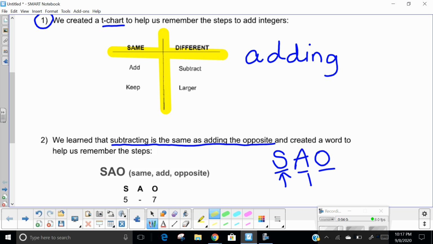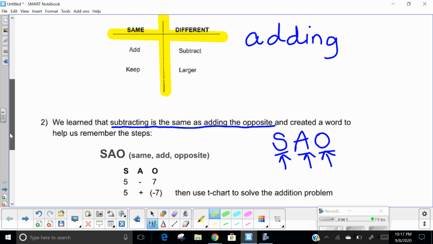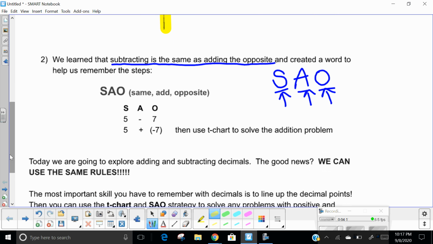So each letter represents a word, and it tells me what I need to do when I'm subtracting. So we're going to take S for same, A for add, and O for opposite.